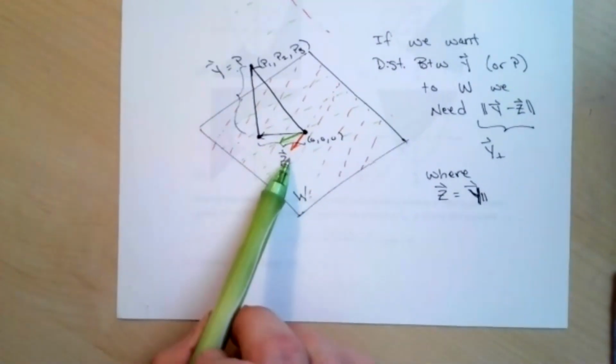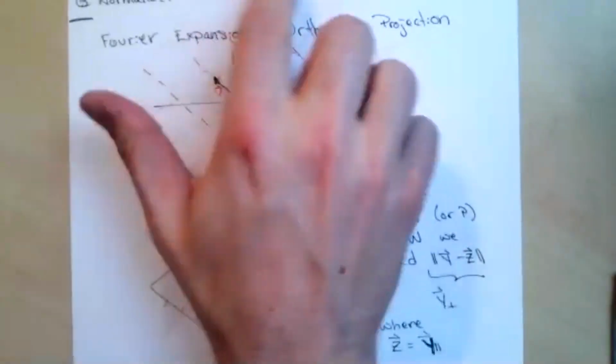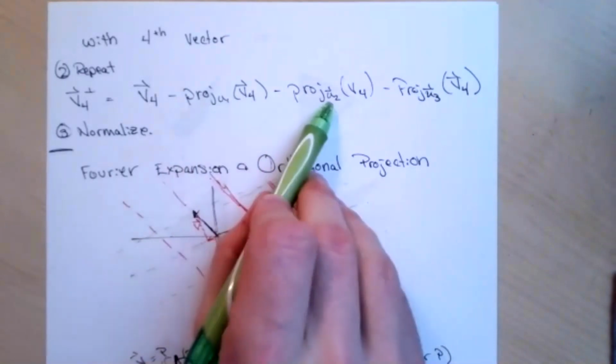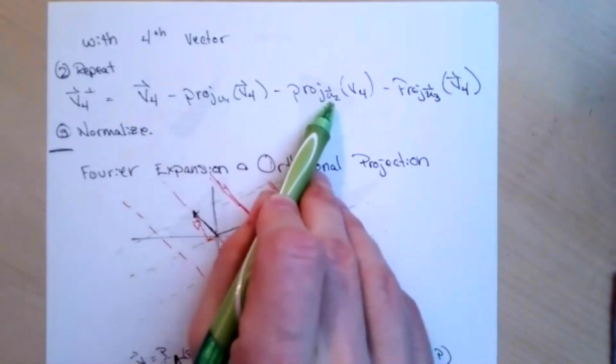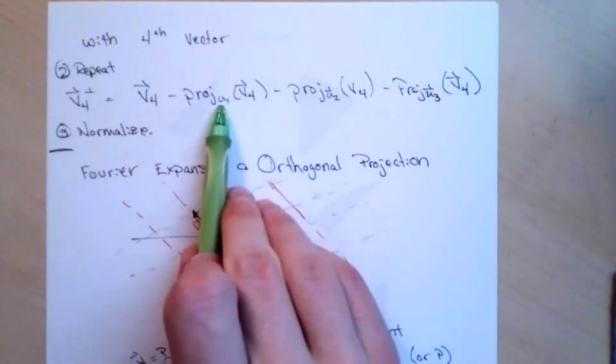Right? Ideally, what we want to do, if you kind of got the gist of this, of the Gram-Schmidt process of taking one vector and subtracting off parallel components in order to find an orthogonal component, the key thing that makes this work is the fact that the vectors we created before the step we were on are mutually orthogonal.